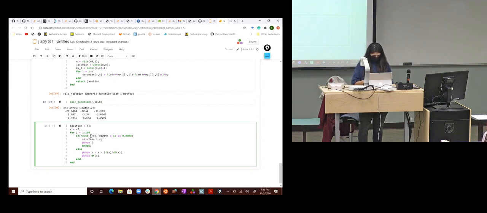We found f of x equals, instead of this, we're going to need something like isapprox f of x comma 0.0, and error tolerance equals 0.01.